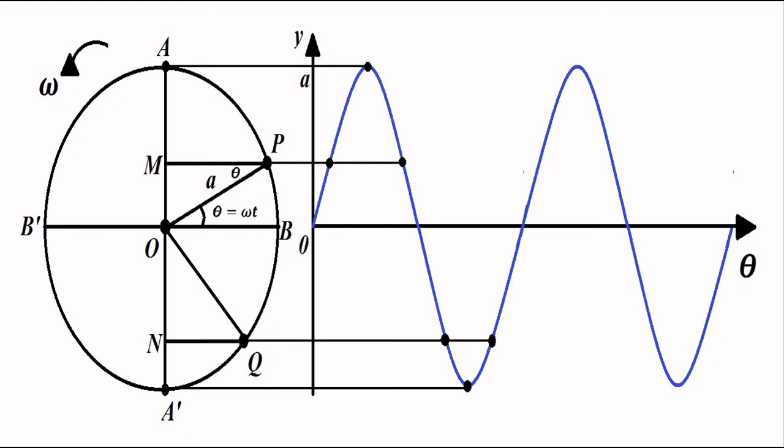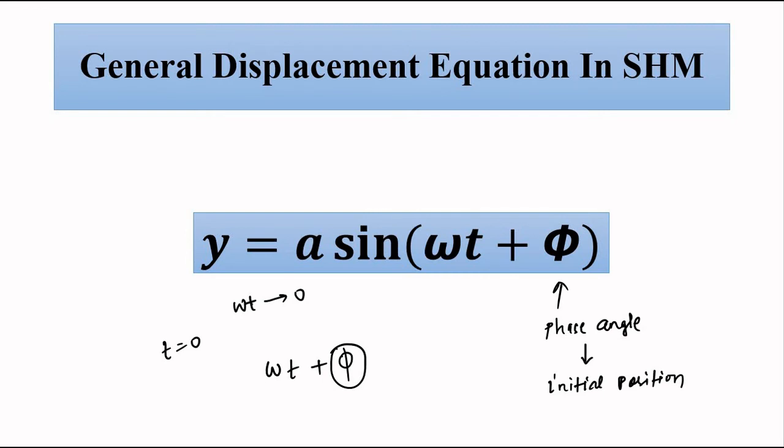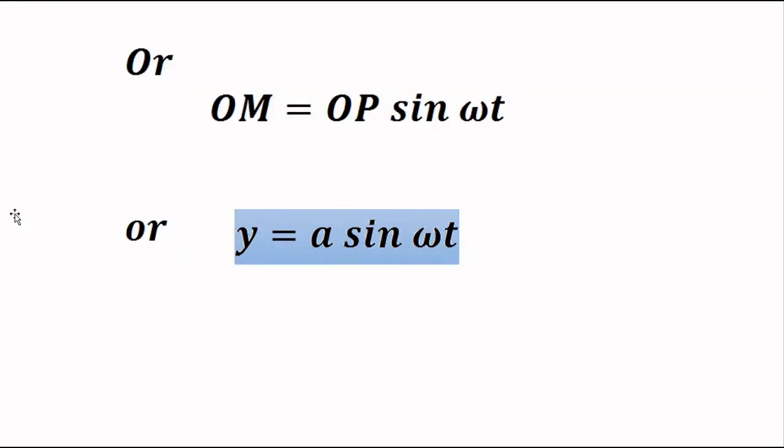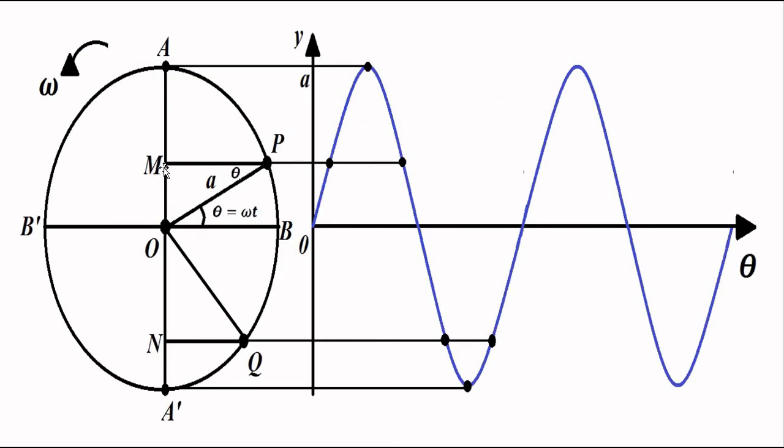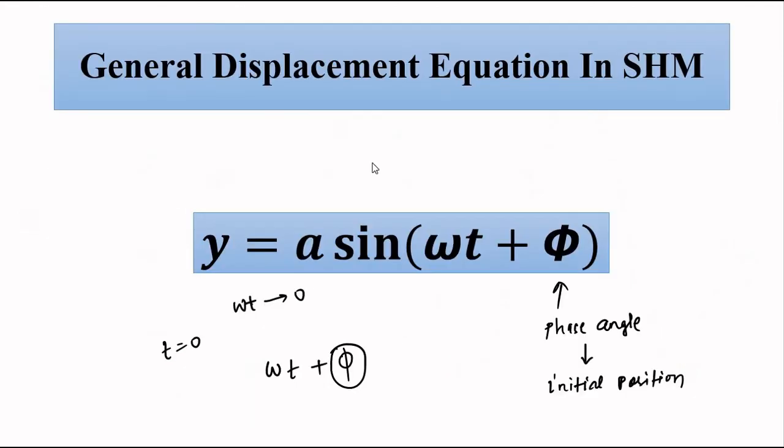So from the initial angle phi, we can get information about y, the instantaneous position of the particle. That's why this is the general displacement equation of SHM, taking into account the full description of the initial position. So this whole concept of phase angle comes into play.